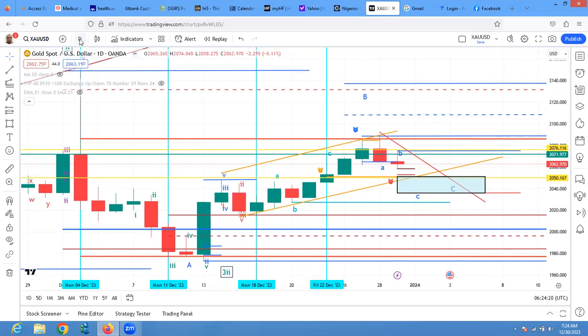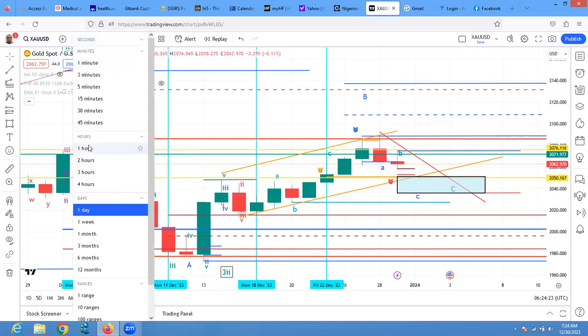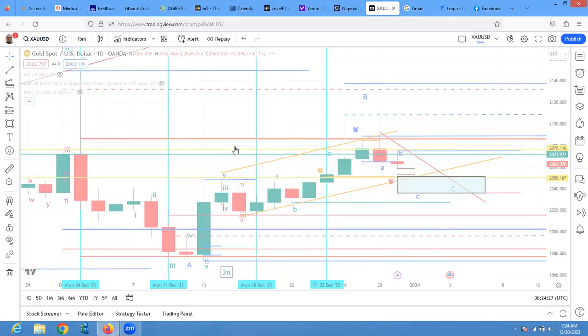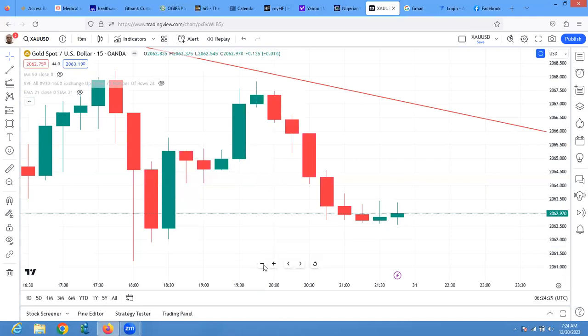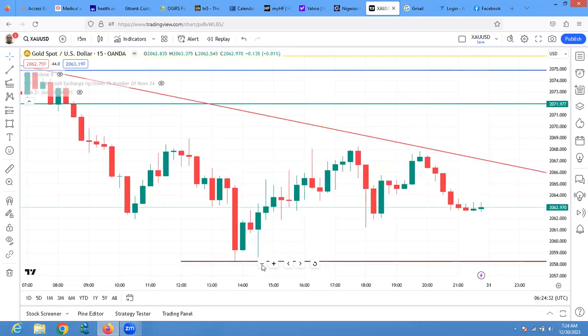On the lower time frame again. So if we look at the lower time frame, do we have our C running down to a 1, 2, 3, 4, 5 already?